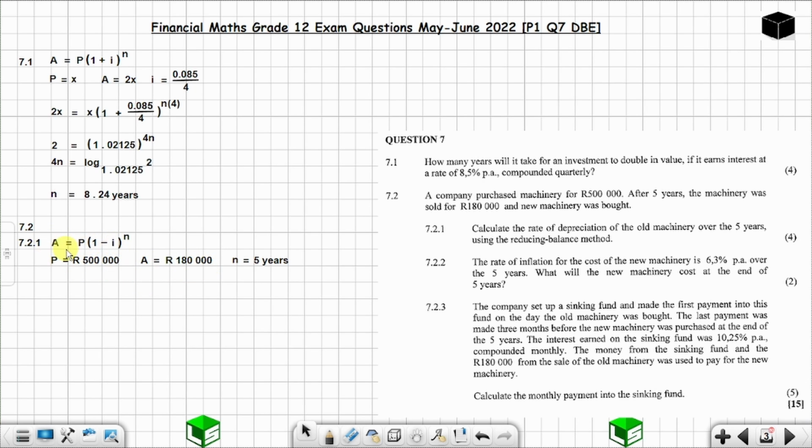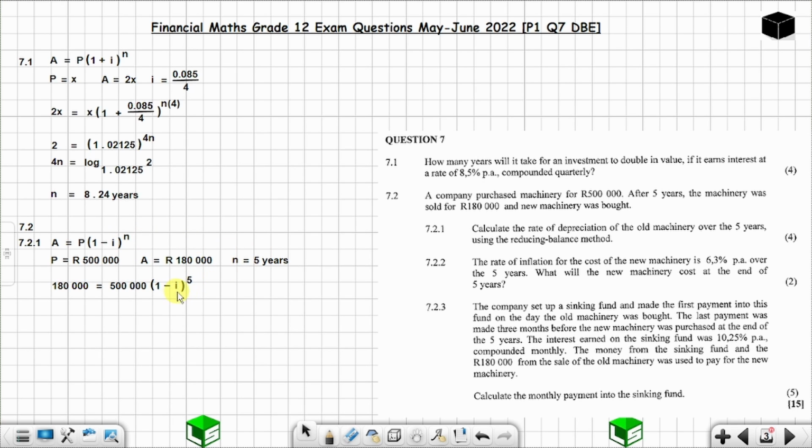Now we are going to use this formula. Let's plug everything that we have into the formula. A is equal to P, in brackets 1 minus i, close the bracket, to the power of n, where n is equal to 5.